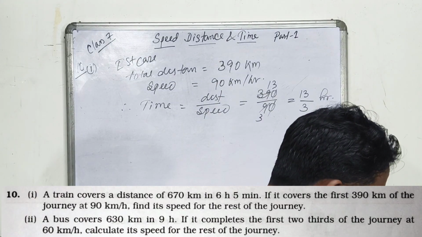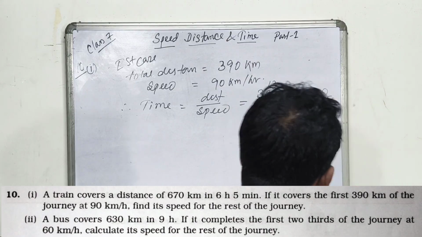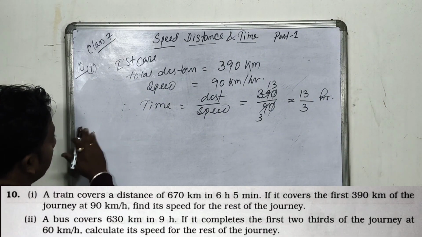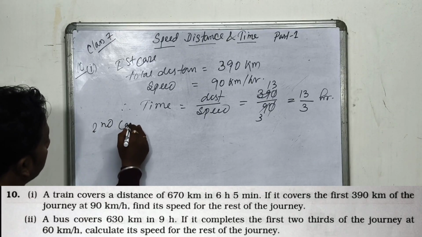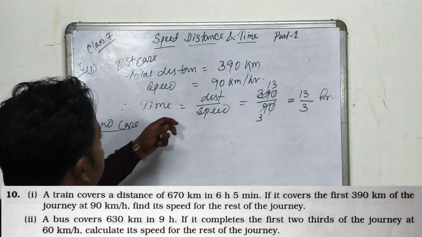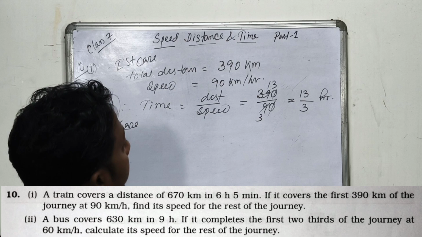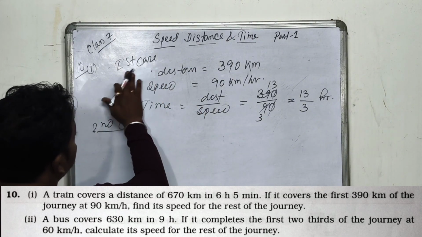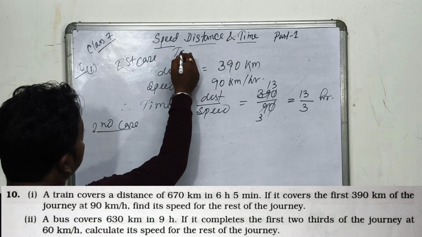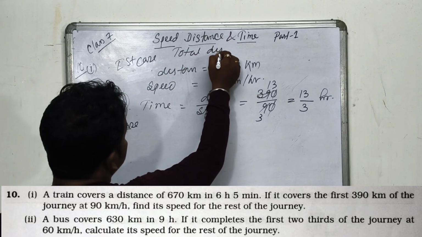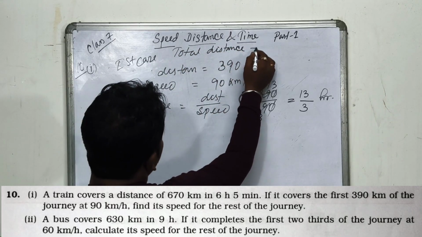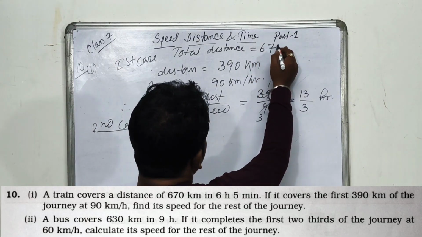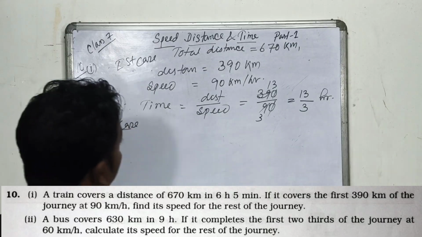Okay, find its speed for the rest of the journey. Okay, in the second case, the train has already traversed 390 kilometers, but the total distance is given as 670 kilometers.